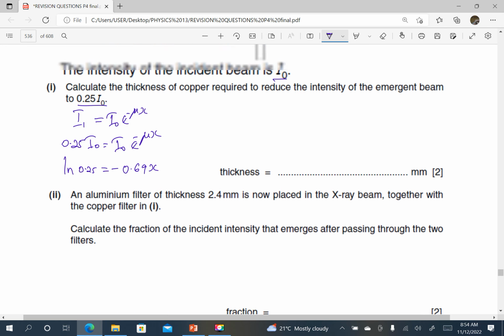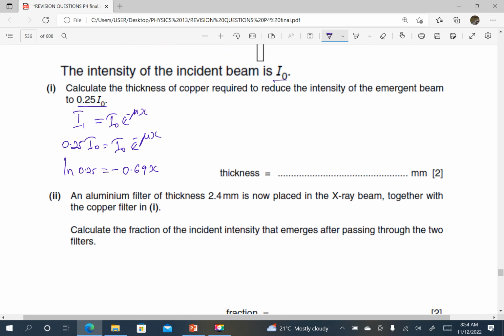So we simply say that x is going to be equal to 2.0 millimeters. So the answer here is going to be 2.0 millimeters.